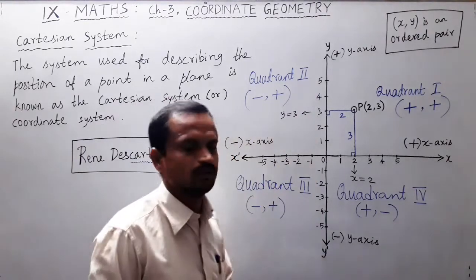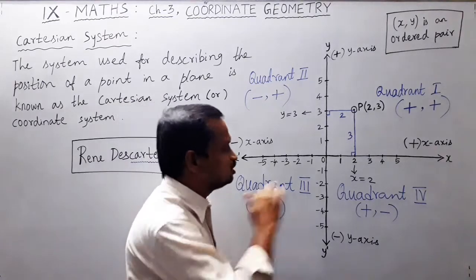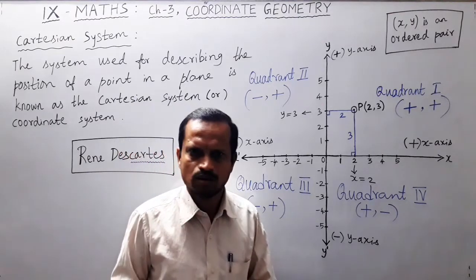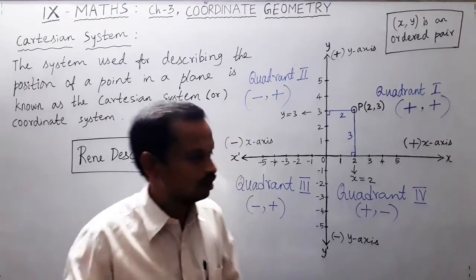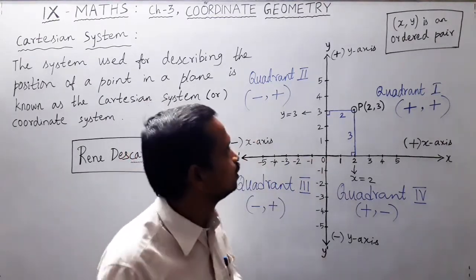So together we can say xy axes. Always these two axes, the horizontal and vertical, will be perpendicular.